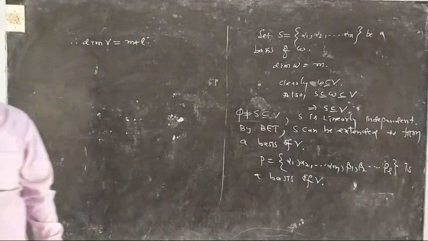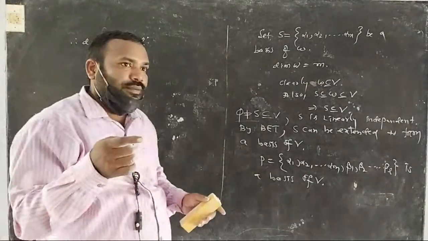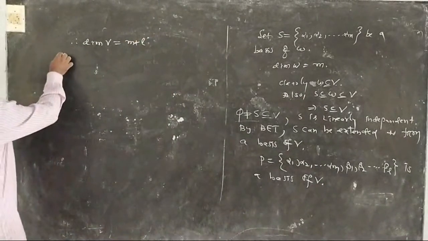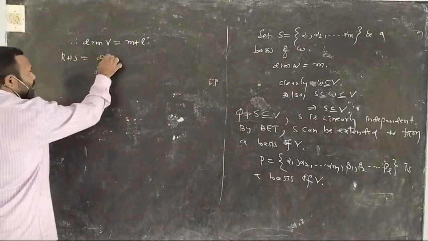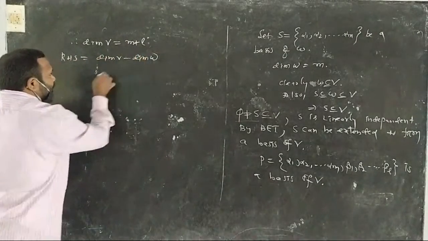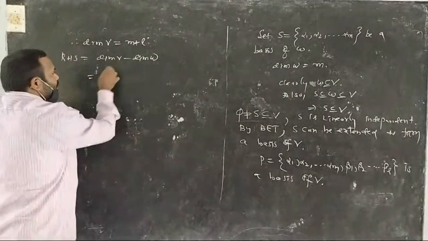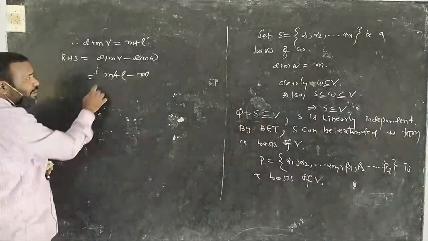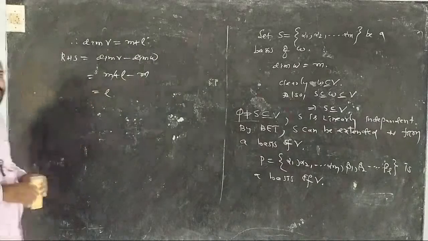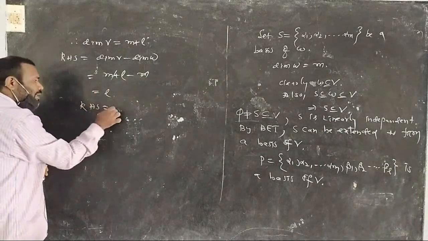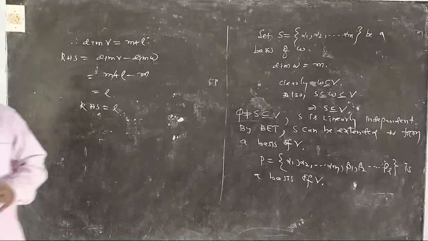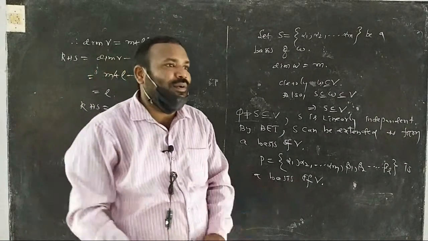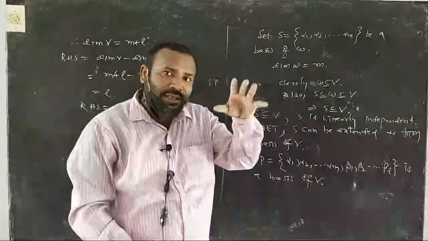So dimension of W and dimension of V are found. What is the value of the RHS? RHS equals dimension of V minus dimension of W, which is m plus L minus m. The m cancels and the remaining is L. So RHS equals L. If we can show LHS equals L, then the theorem is proved.